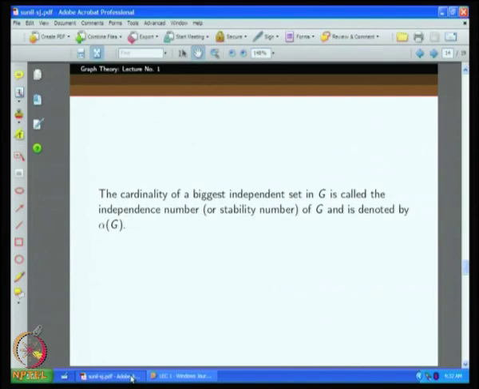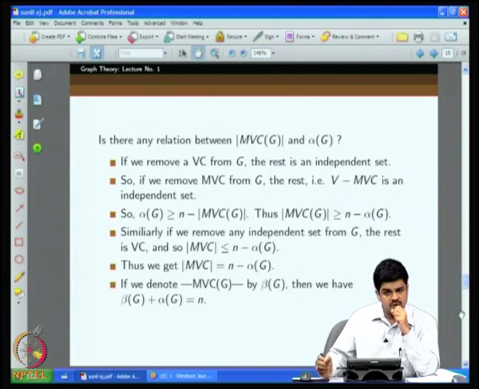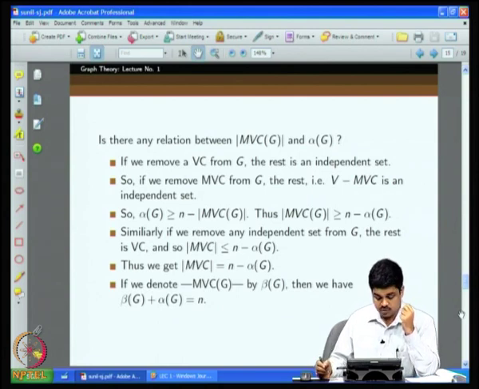To see this, suppose you remove a vertex cover from the graph. What will happen? If you remove the set of vertices that form a vertex cover from the graph, what will happen?